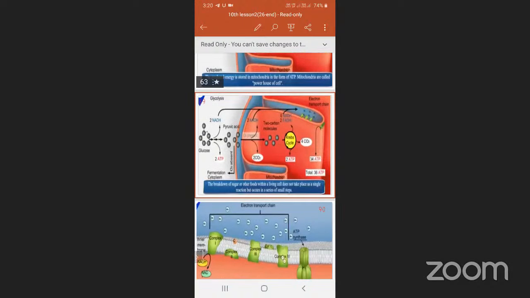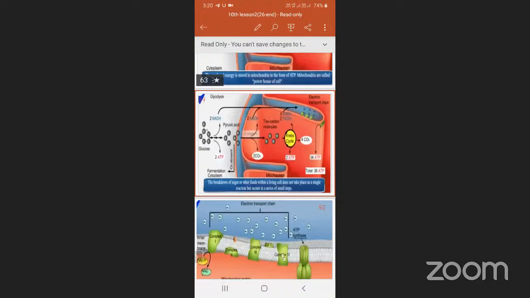Again I repeat, the breakdown of sugar or other foods within a living cell does not take place as a single reaction. Look at the screen, all of you. There is no single reaction, but it occurs in a series of small steps.